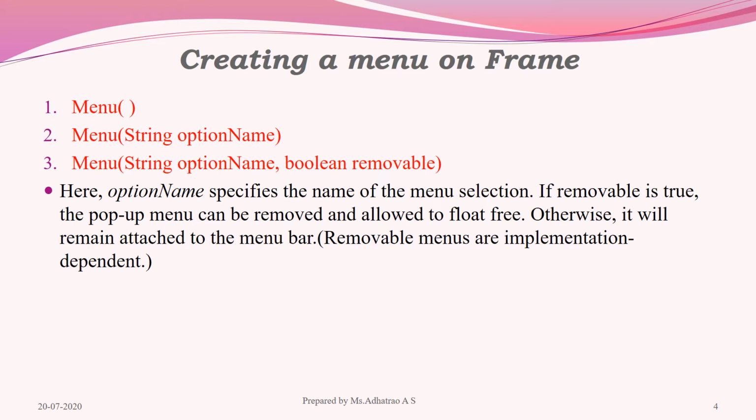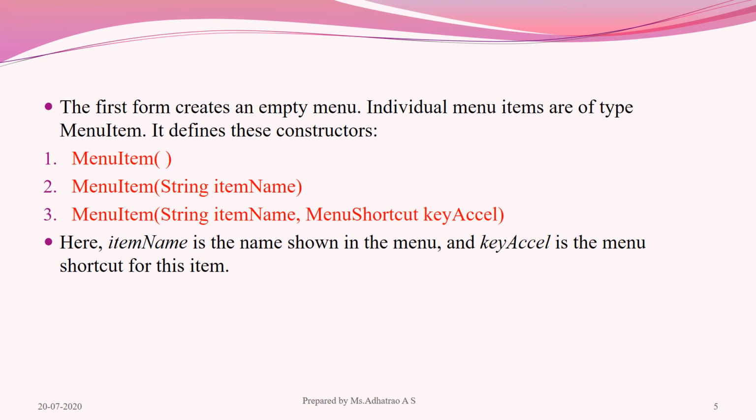If you want to give the selection mode for that particular menu, you can use the third constructor, which defines that if removable is true, the pop-up menu can be removed and allowed to float free. The first form creates an empty menu. Individual menu items are of type MenuItem. It defines these constructors. First one is the empty constructor.